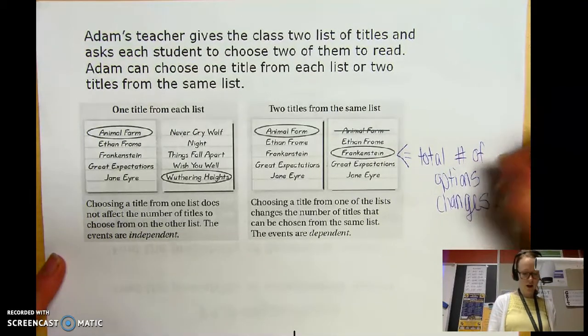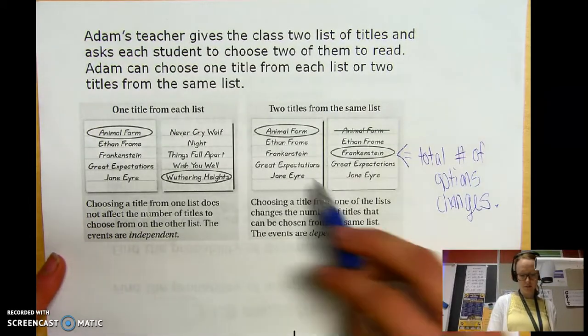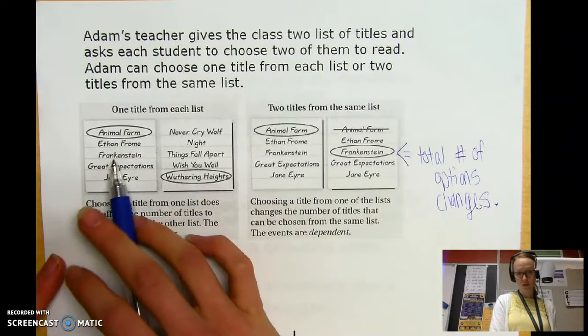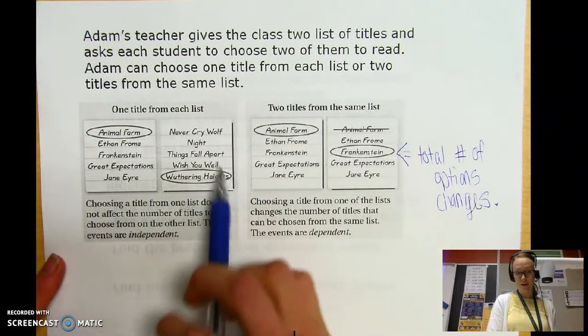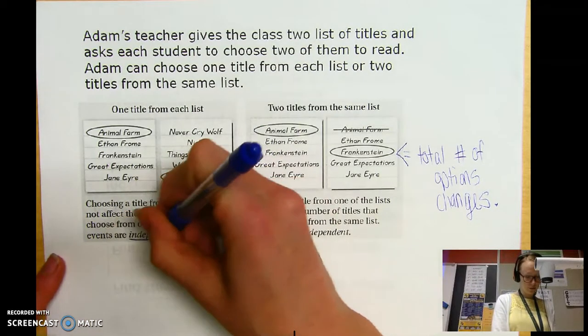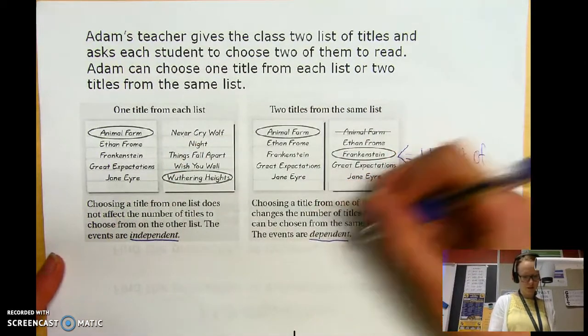And this idea of the number of options changing from 5 to 4 and the number of options staying the same, do you see how this one, choosing Animal Farm, did not affect what you can choose in your second list? That's the idea of the difference between independent versus dependent.